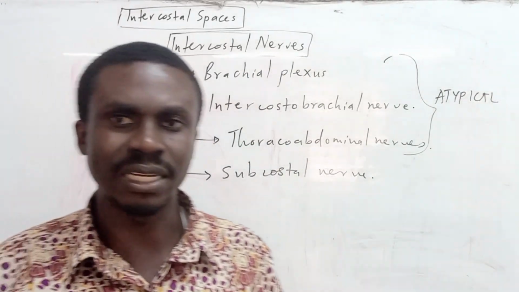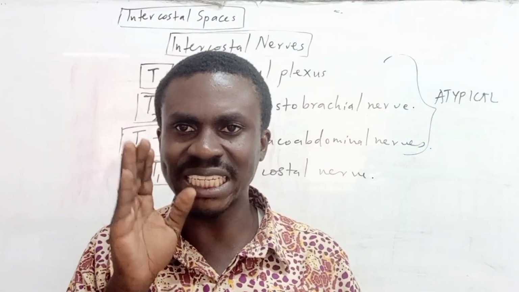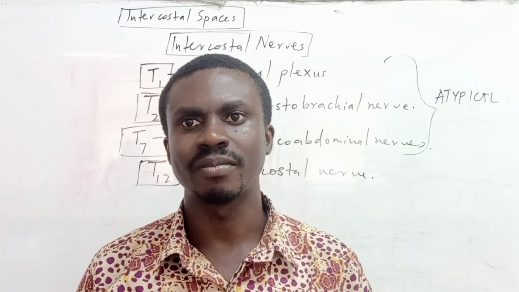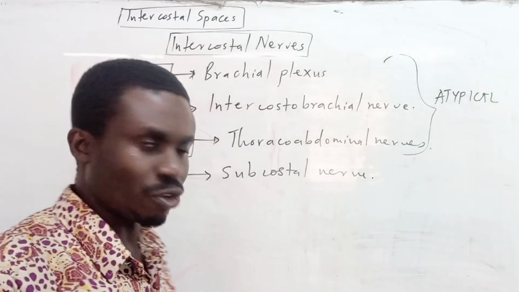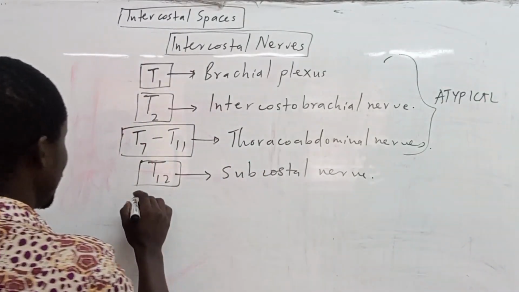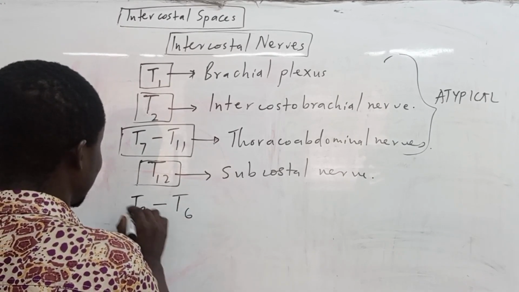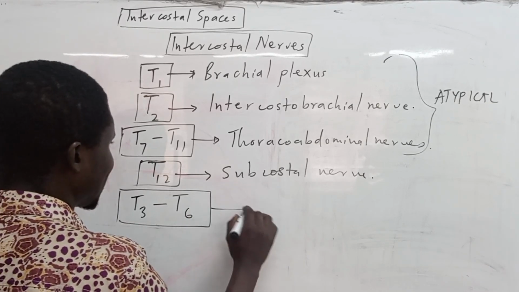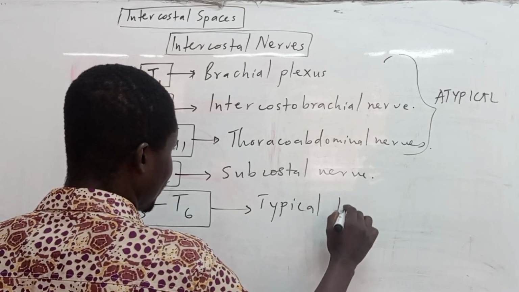Now the question is, how about the typical intercostal nerves? If you do the subtraction and addition, it tells you that T3 to T6 alone become what we call the typical intercostal nerves.